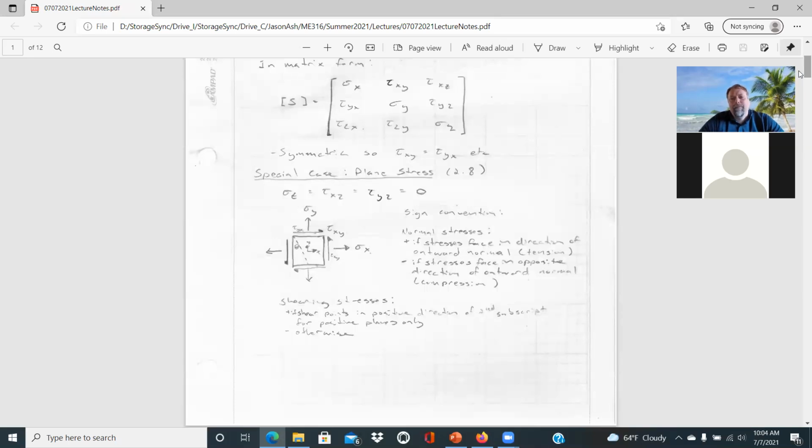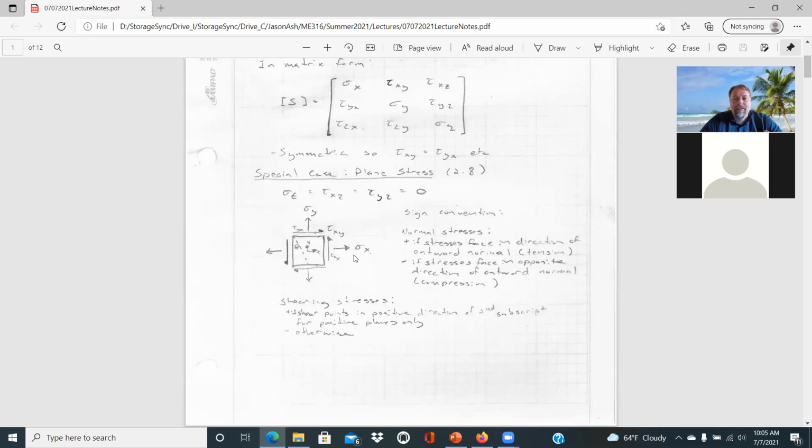Then for the special case of plane stress, where sigma Z equals tau XZ equals tau YZ equals zero, we can look at the sign convention on a positive normal stress and shear stress. The normal stress is easy.